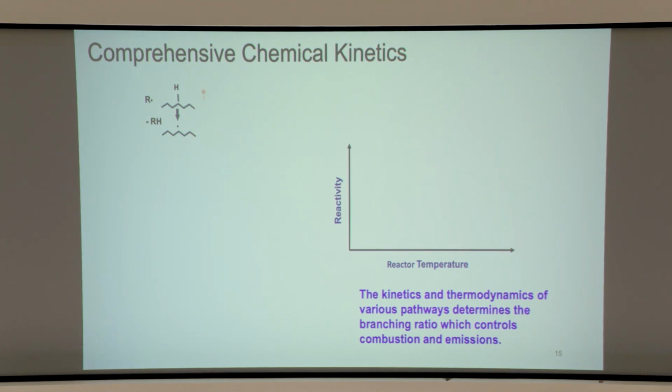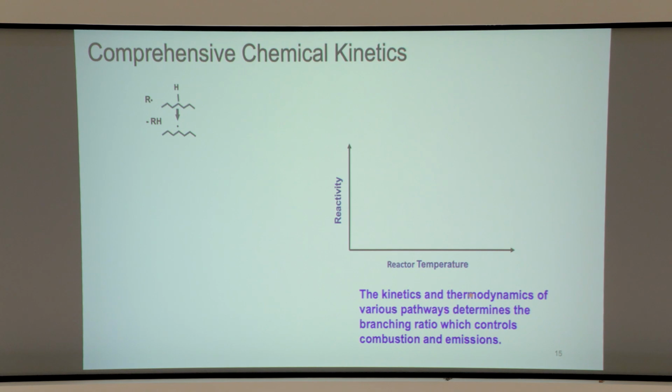So N-heptane, again, I'll always show these types of very simple sketches of molecules. So you don't see the carbon and hydrogens, they're implicit. But this is C7H16. The types of reactions that will happen will depend on the reactor temperature, and the system's reactivity will also depend on the reactor temperature and the nature of the chemical reactions.